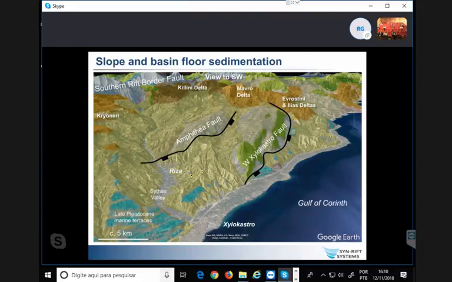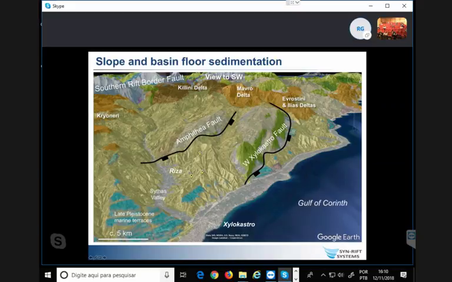So now we're looking at the present-day geology superimposed on a Google Earth image. We're looking to the southwest. Here's the border fault that was active during that early rift phase. The yellow colours are effectively deep lacustrine sediments. I've highlighted some of the main fault zones, with the green and grey being pre-rift rocks.